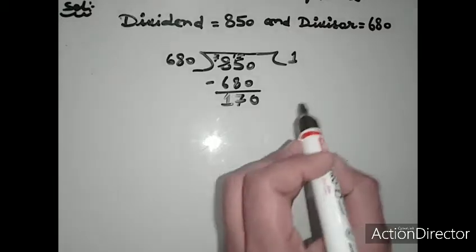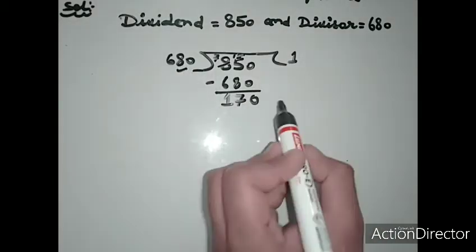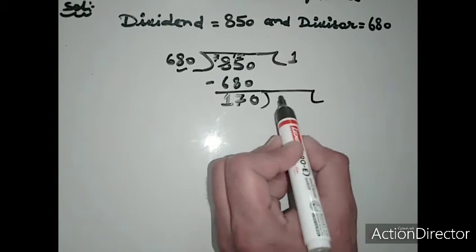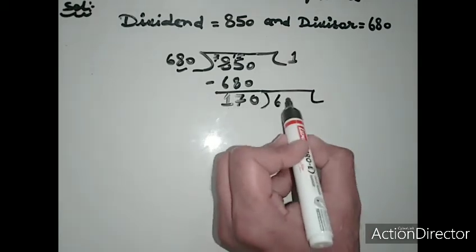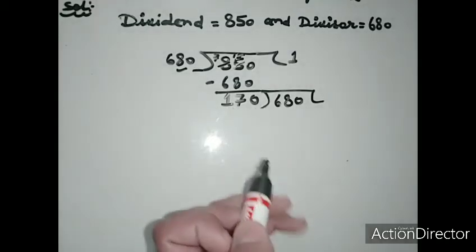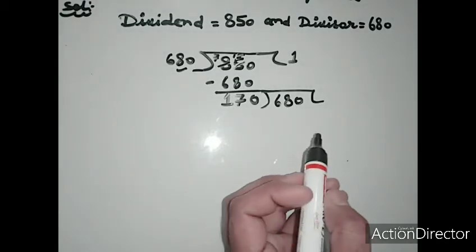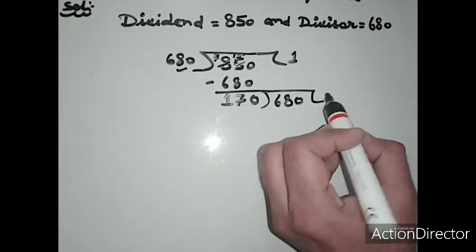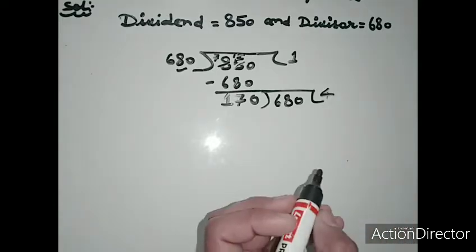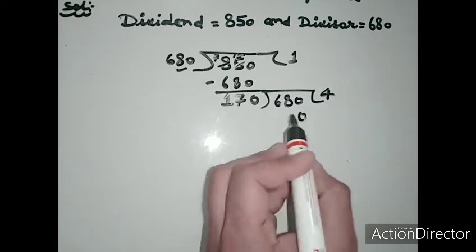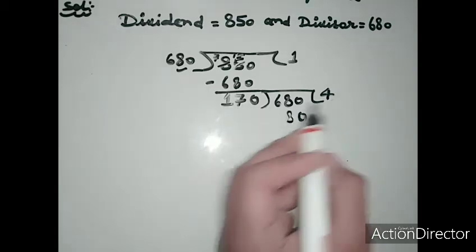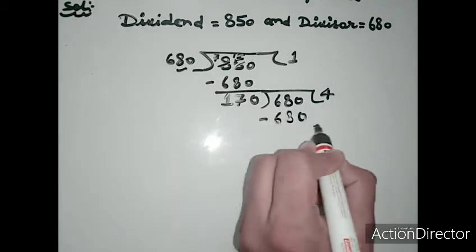Now you all know that here we take this divisor as the dividend and this remainder 170 as the divisor. 680 divided by 170. So here we divide 680 in 4 times. 4 zeros are 0, 7 4s are 28, 8 to carry here, 4 1s are 4, 5 6s, 680.